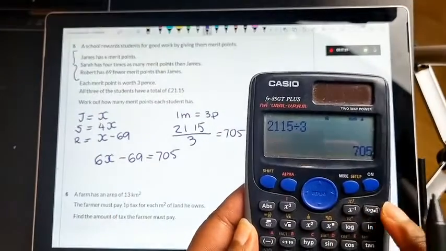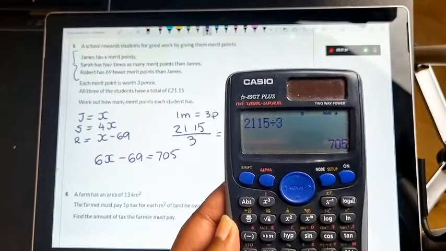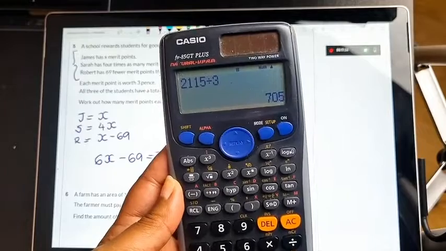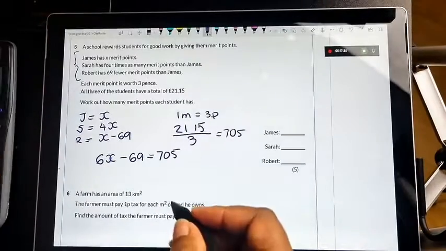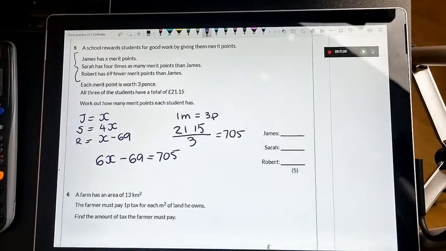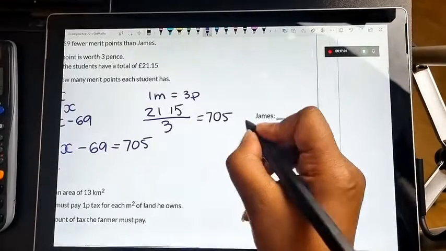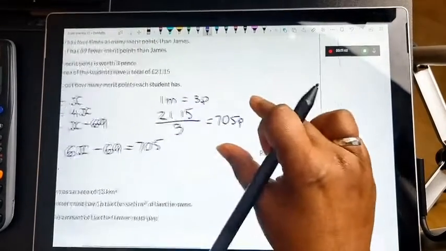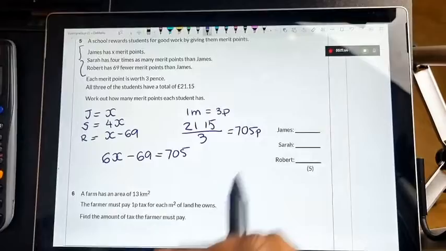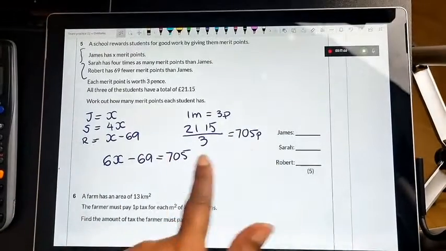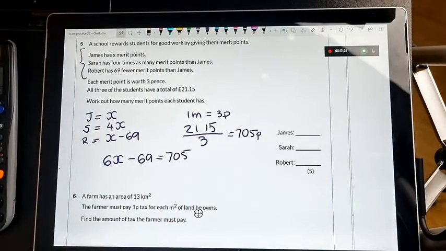You can do it in pounds, but it's easier if you have it in pence so you're not dealing with decimal places, okay? So good questioning there. So this is in pence, so let's put this in pence so everyone knows exactly what we're dealing with. But obviously we don't want to drag that p here so it doesn't look part of the equation, okay?